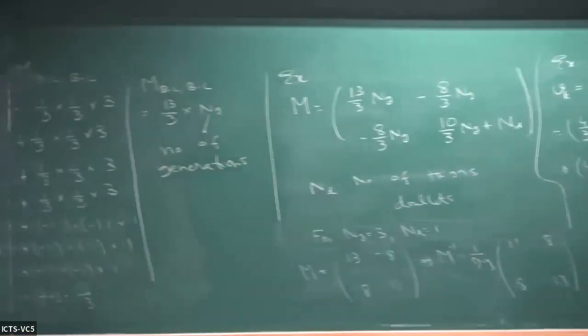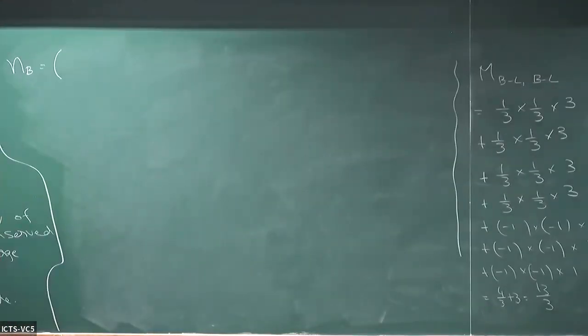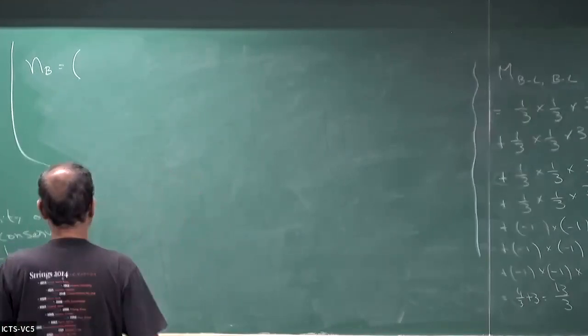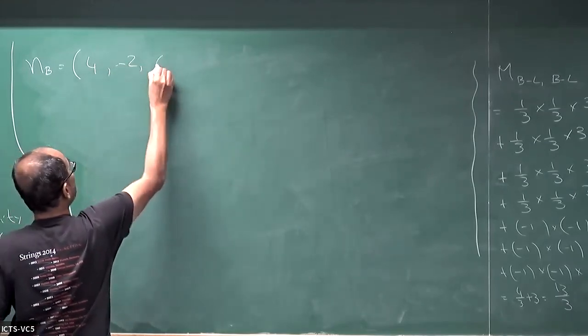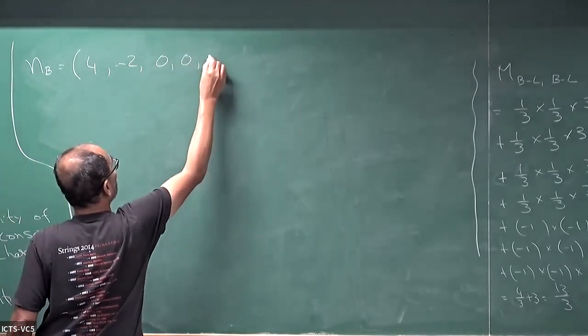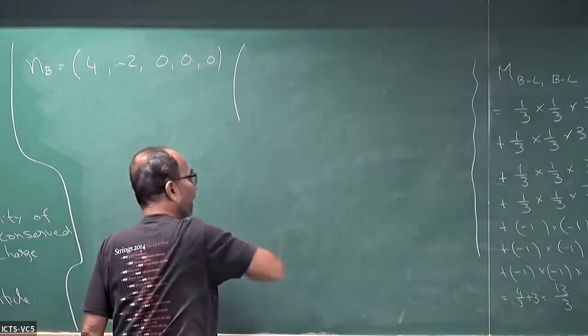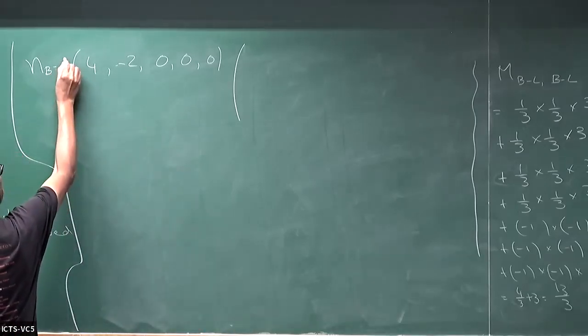So if we want to calculate NB now, we have this structure. This is 4 minus 2, 4 minus 2. These are all zeros. Then M inverse, so let me write this 1/79 here.